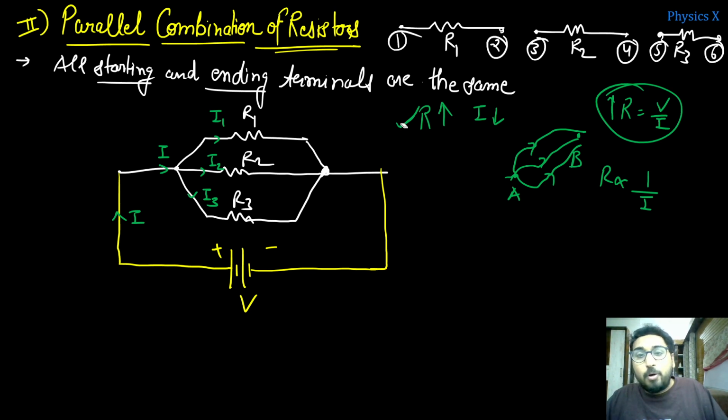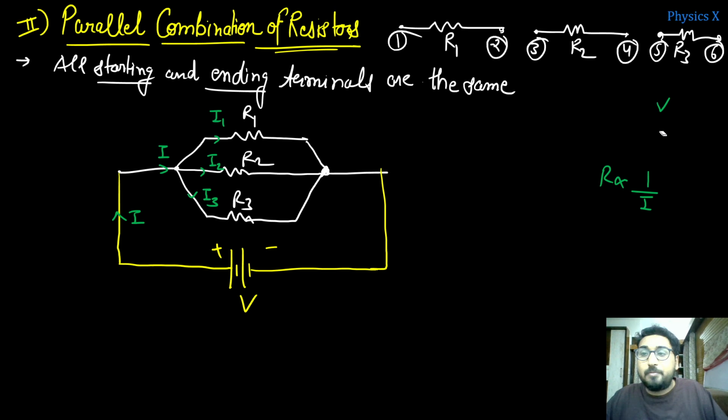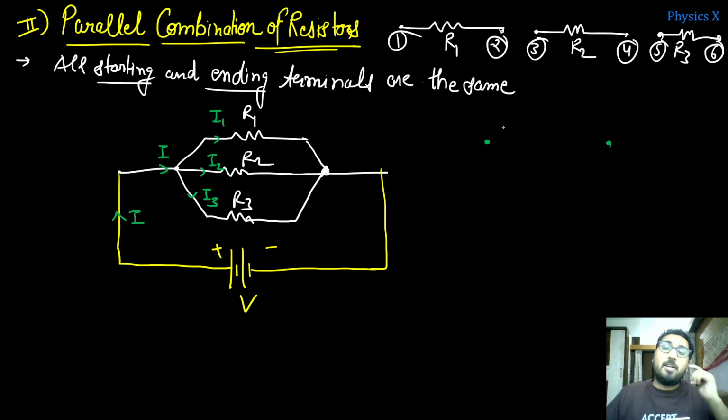One thing I want to point out here is that I told you about potential difference. We consider potential difference at 2 points in an electric field, in the presence of flowing current.